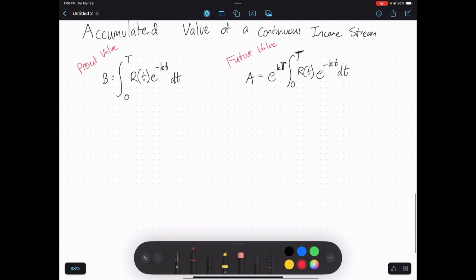Well, what if we weren't looking at specific years in advance? What if we said, I want to set up some sort of trust fund to where I'm always going to be putting in this amount each year for the foreseeable future, until the end of time, right? We use the word perpetually.